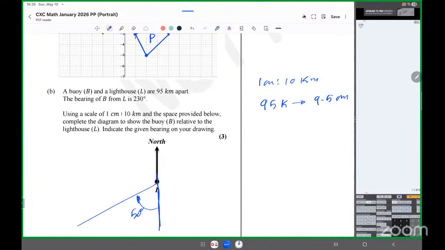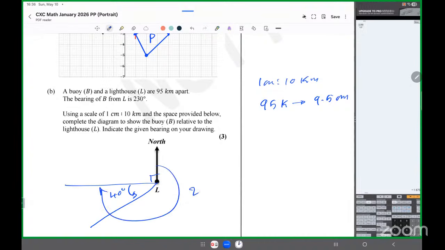Or you could say, okay, put in a horizontal line as a 90, and you want 40 below to get the 230. Everything around here is 270. So if you want 230, you can subtract 40 degrees from this line.